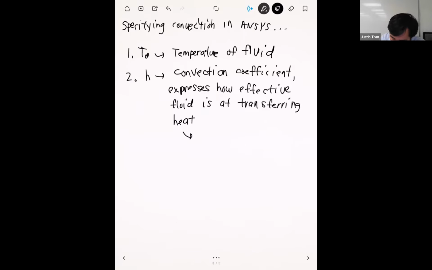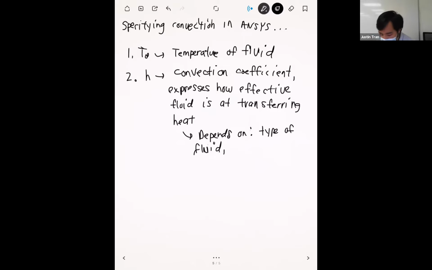And so the value for H depends on, of course, what fluid you're running. Okay. Because each fluid has a different thermal conductivity, and so depending on if the fluid is a good conductor of heat or a bad conductor of heat, it's going to affect its convection coefficient. Okay.